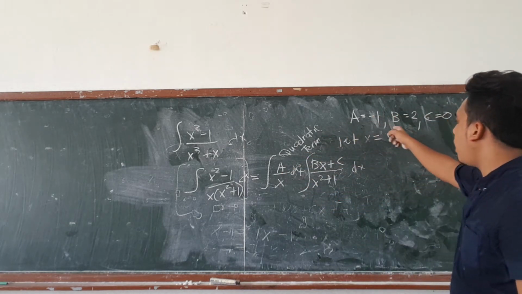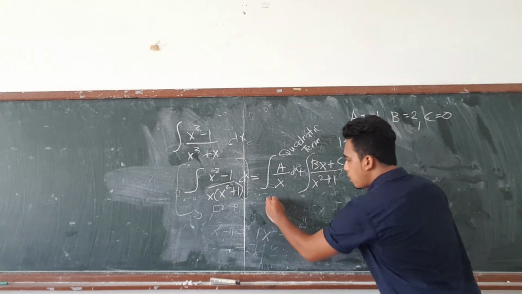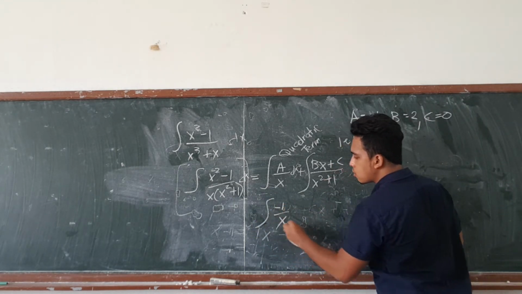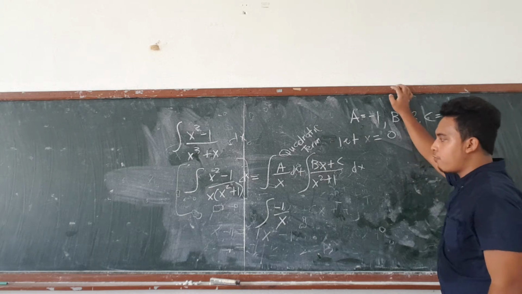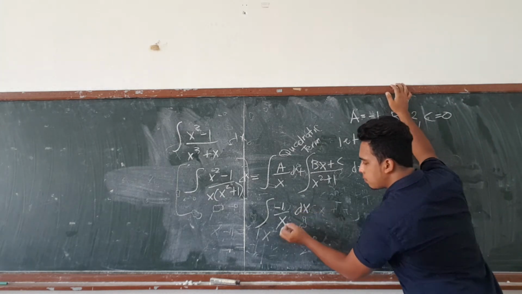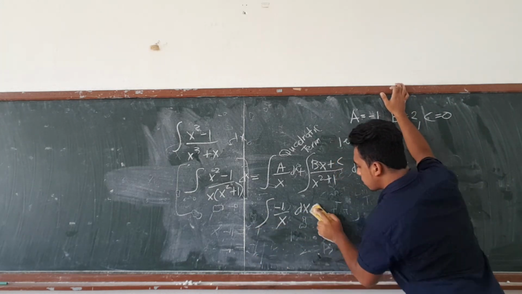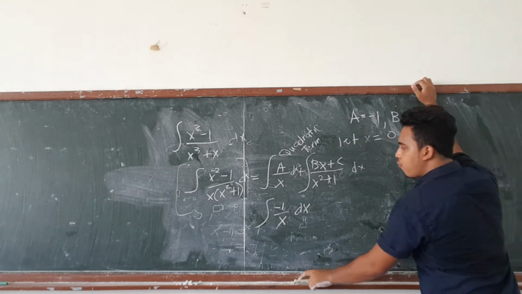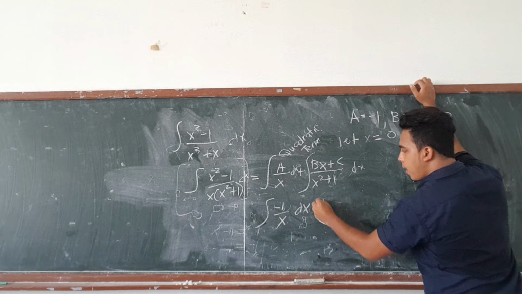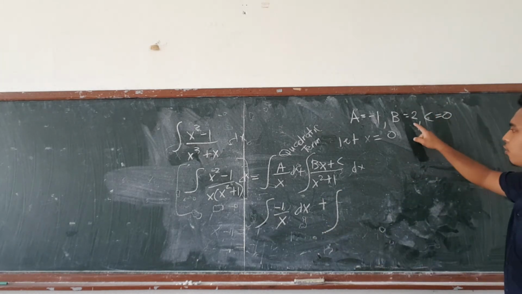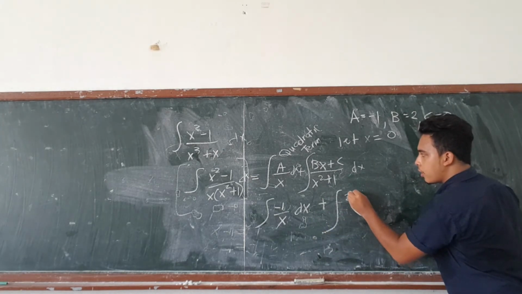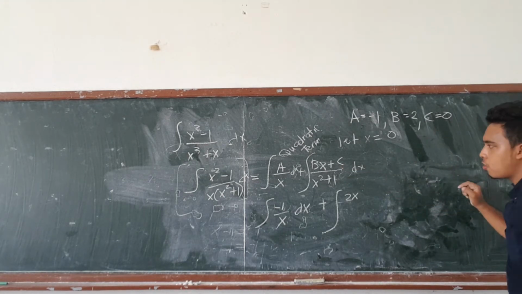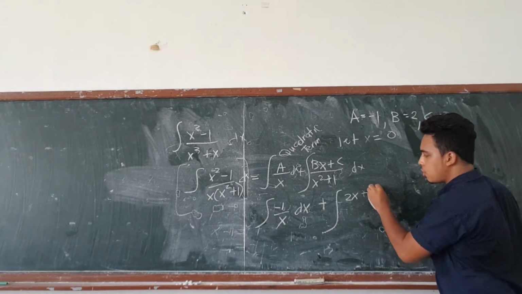Substitute the value of a, b, and c. So integration of a, which is negative 1 over x, negative 1 over x dx, plus the integration of b, 2x plus, since the value of c is 0, so 2x plus 0.